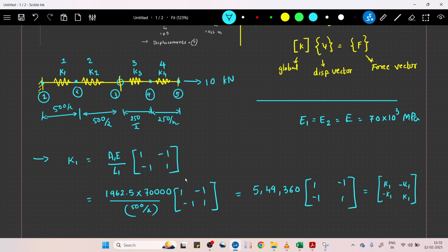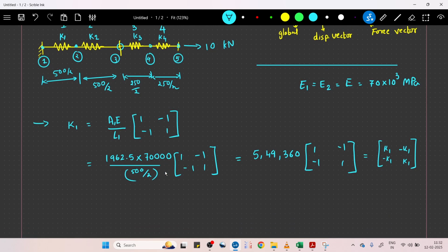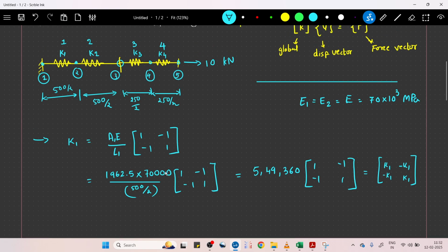Then element 1 and element 2 are of the same dimensions and the same material, so we will say k1 is equal to k2. Similarly, k3 is equal to k4.